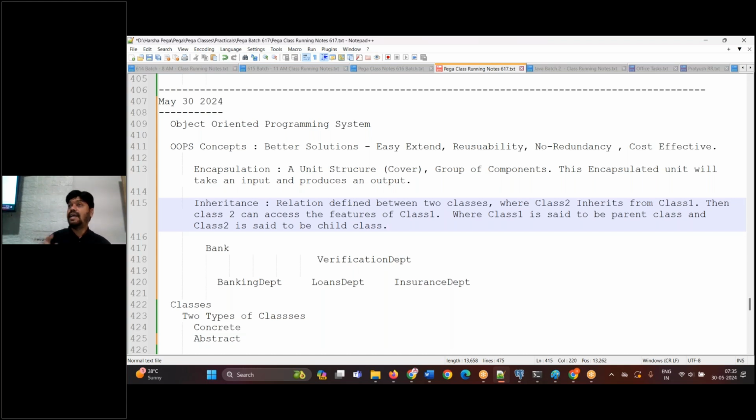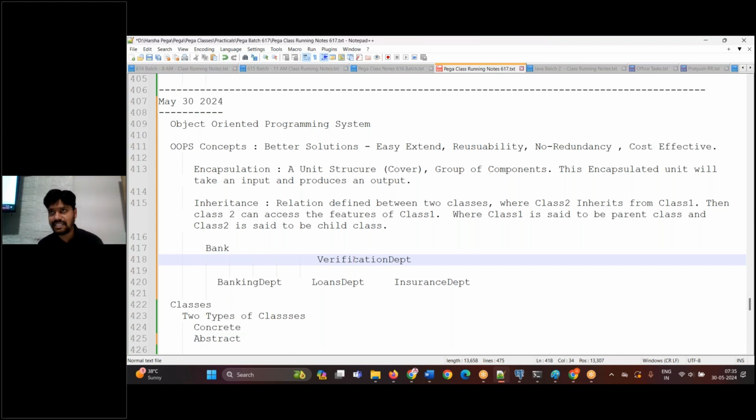The reason is, in the real world, there will be a need that one department may want to access the features of another department. Same feasibility I should provide in the technology also. That's why the inheritance concept has been implemented. You understand? That's the reason why I have taken this much time. So in the real world, one department wants to access the features of another department. So that's the reason why you have the inheritance concept.